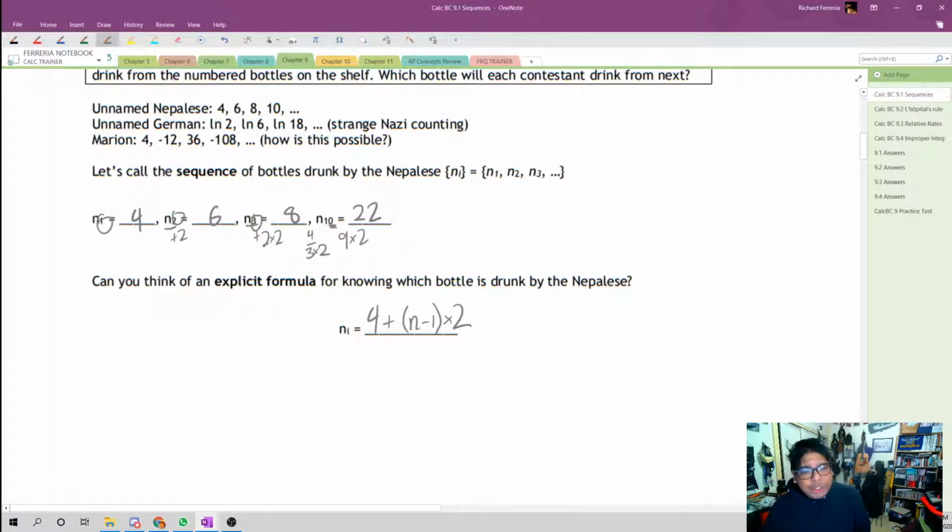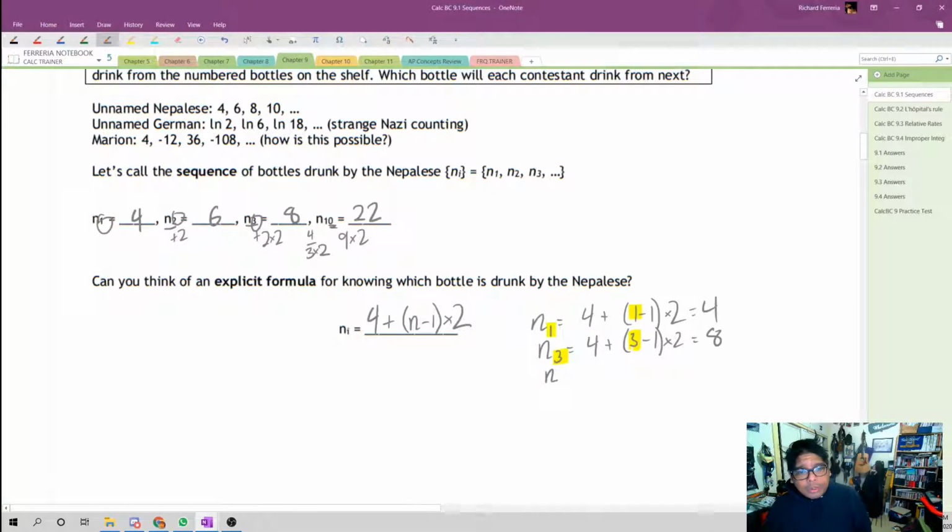Let's check and make sure. N1, that's going to be 4 plus 1 minus 1 times 2. That's 4. N3, that's going to be 4 plus 3 minus 1 times 2. What is that? 4 plus 2 times 2, 4 plus 4, that's 8, and yeah, that tracks.